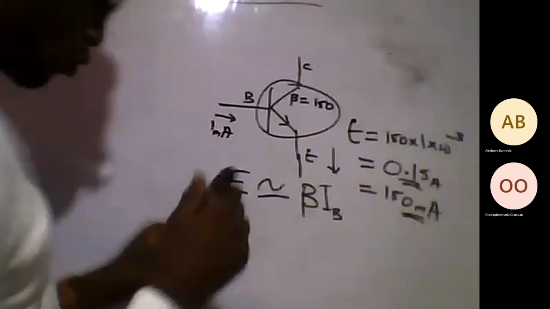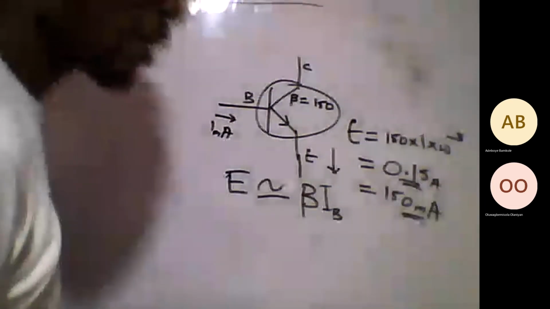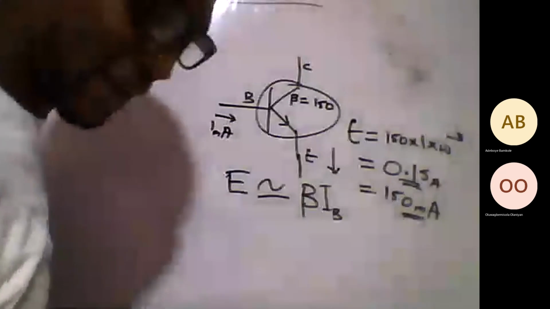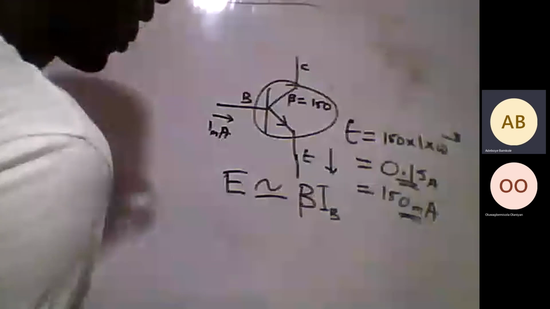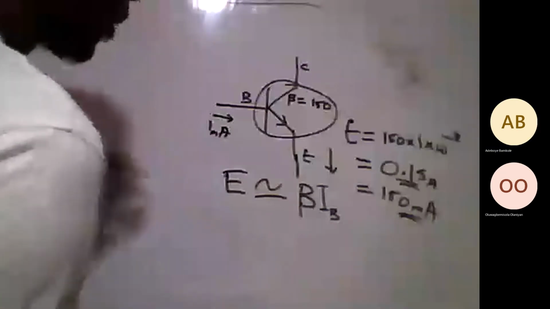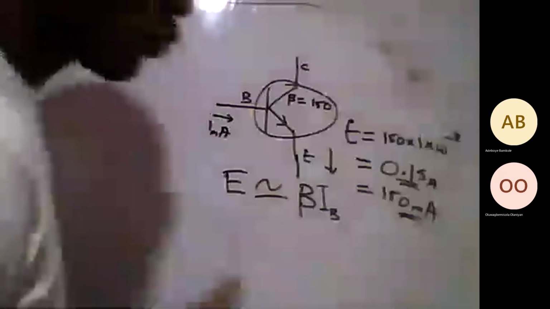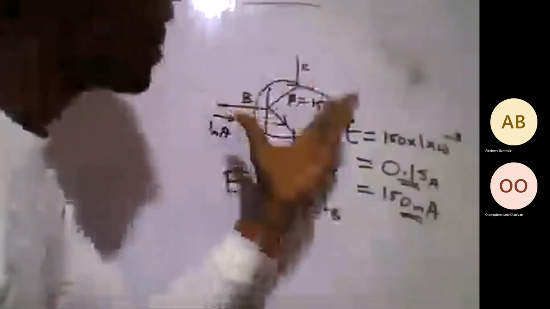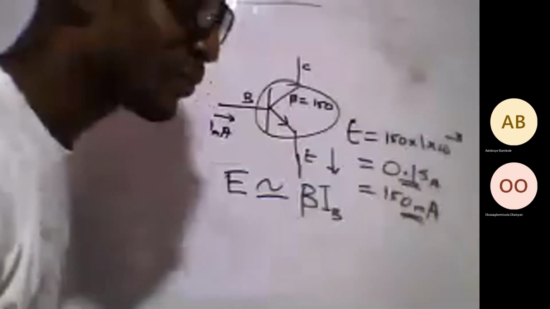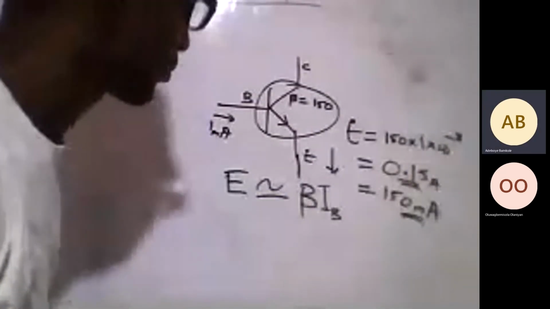So we're going to have 150 milliamps, right? Yes, sir. So would you agree with me? Was I correct that our NPN transistor works like an electronic Ponzi scheme? You're right, sir.